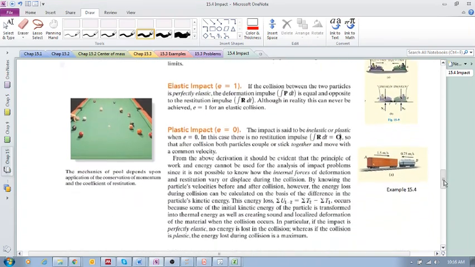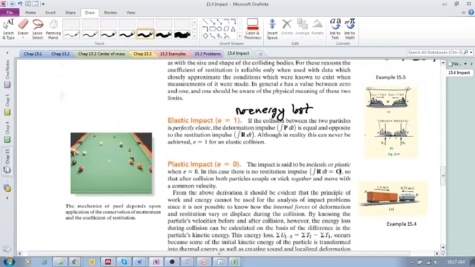Now, I'd like to mention this, which is quite helpful. I did mention it earlier, but we've got two extremes. We've got an elastic impact, where we lose no energy. If you go and look at example 15.5, remember when those two bumper cars attacked each other?